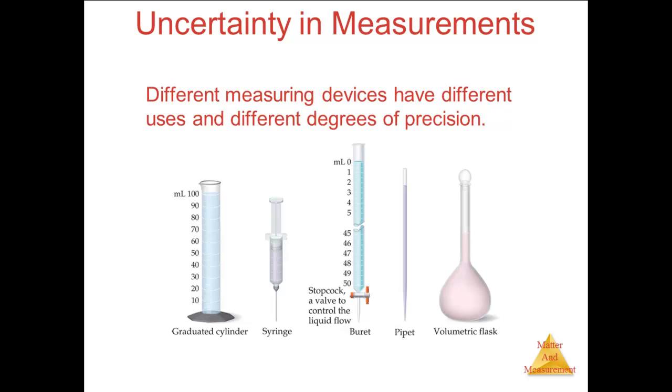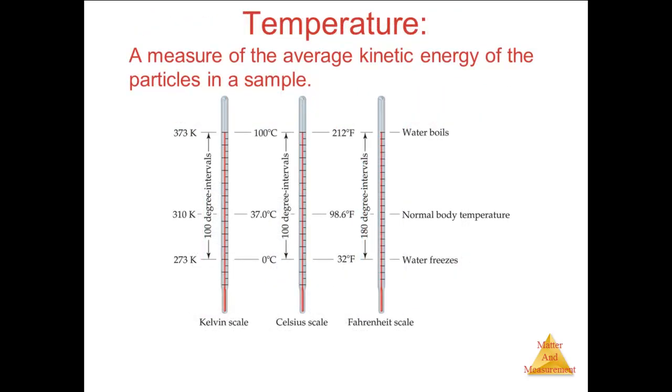Different measuring devices have different uses and different degrees of precision. The different measuring instruments offer different precision based on how they are calibrated. There are 3 commonly used temperature scales.